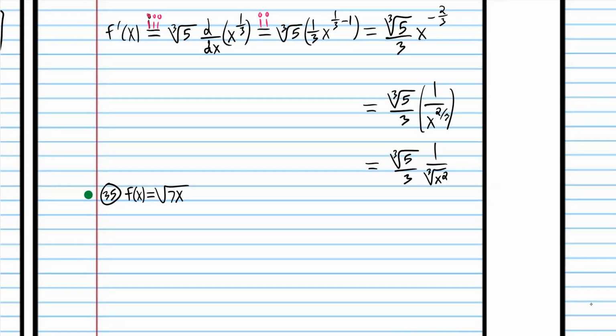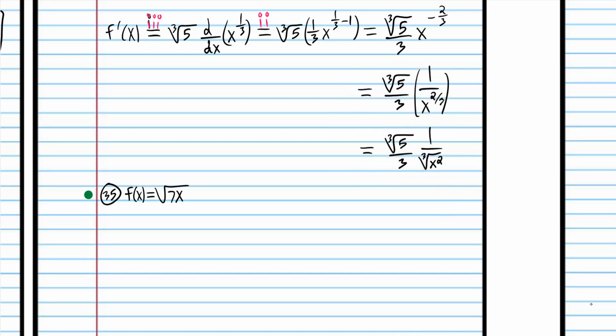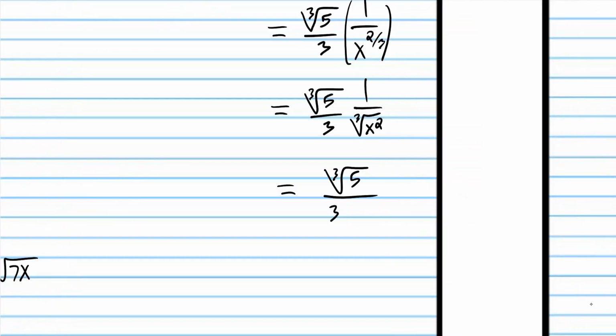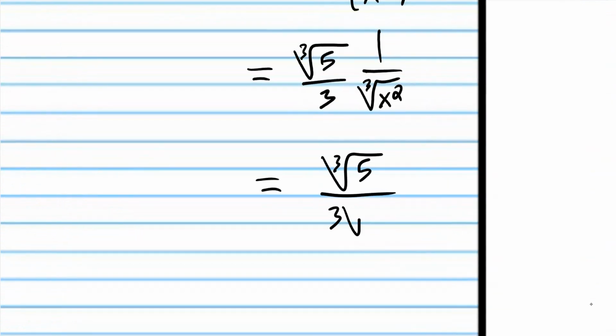But we can continue a little bit more. And put these together. We can make it the cube root of 5 over 3 times the cube root of x squared. We could simplify that even more if we wanted to.